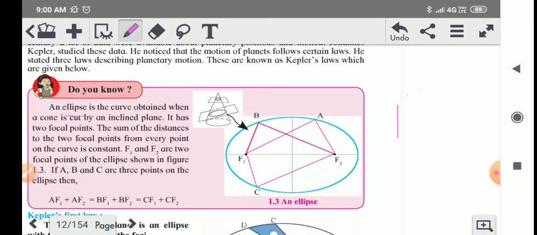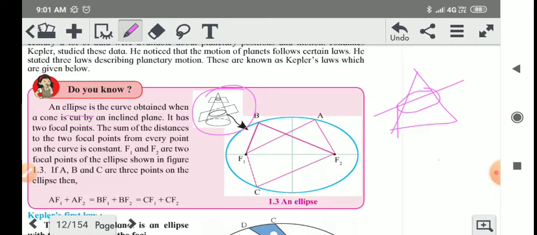If a cone is cut by an inclined plane, we can see in this diagram: the cone is there, and that cone is cut by the inclined plane. The cut part is the ellipse. So an ellipse is not a completely circle, it is slightly different from the circle.